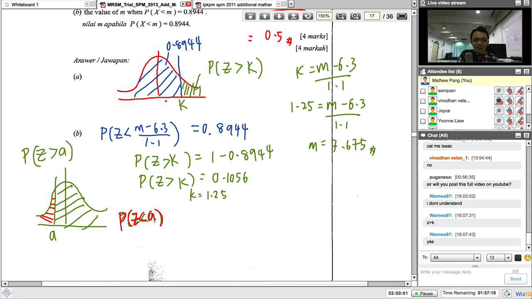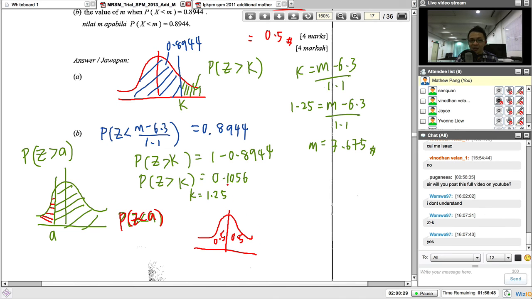Now I have the line K here. If I want Z is bigger than K, it's from K I go to the right hand side, so it's the green color zone. But I do not know the probability of this green color zone. I know in the bell-shaped diagram, the total probability here is 0.5 and here is 0.5, so the total area for the bell-shaped diagram is equal to 1.